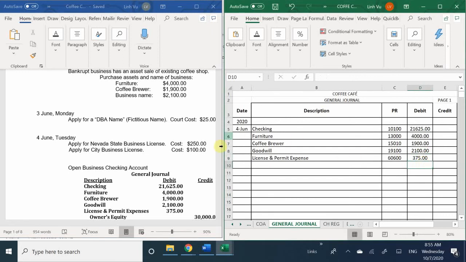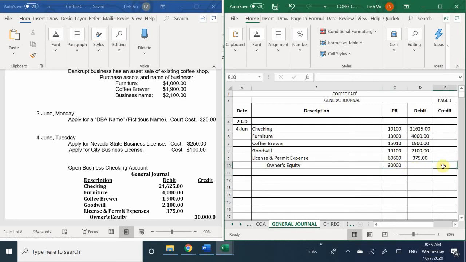All right. And then, of course, with that being said, we have one more thing, which is going to be owner's equity. All right. And that should be for 30,000.